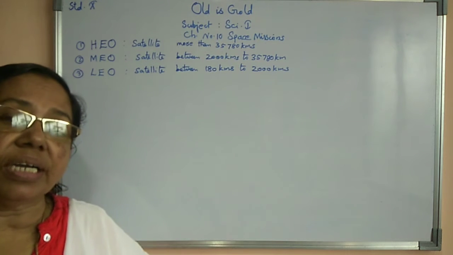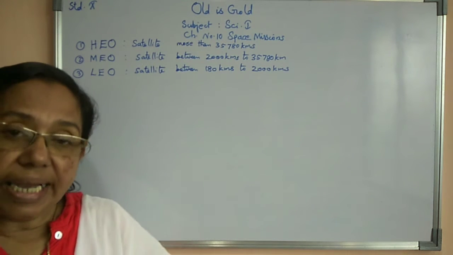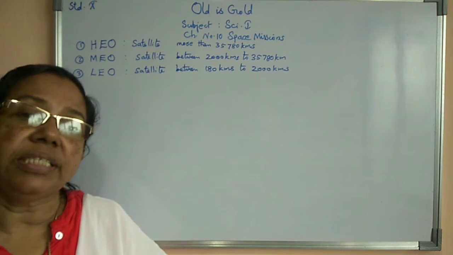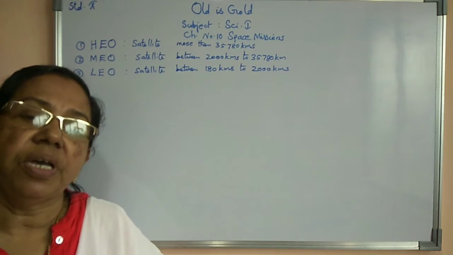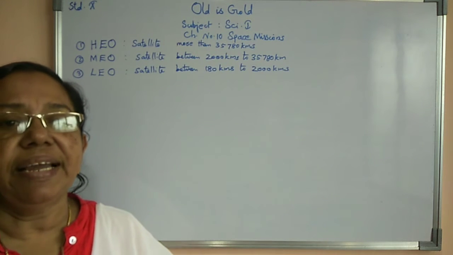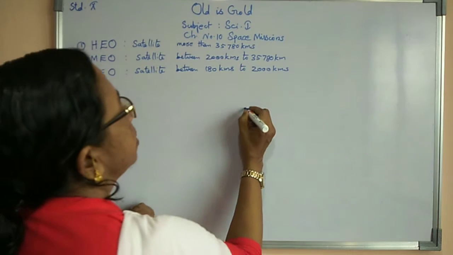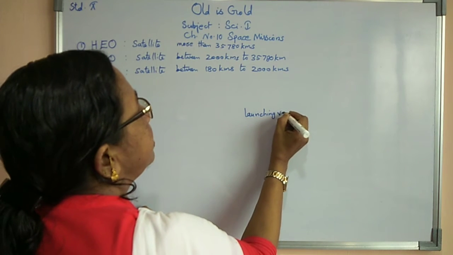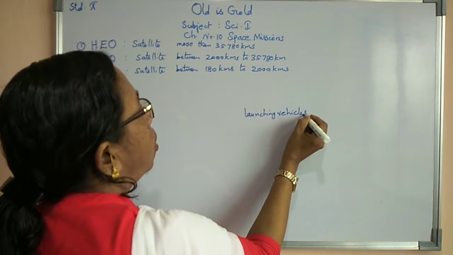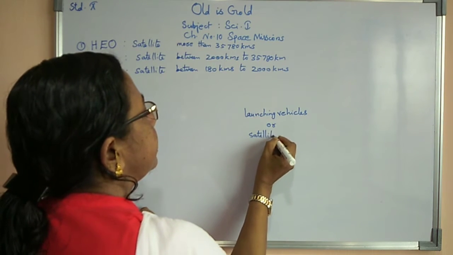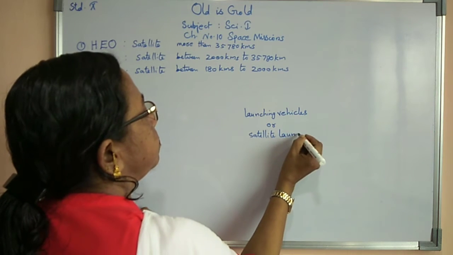All this fixing work, as well as taking them to the correct orbits and placing them, is done with the help of launching vehicles, or we can say satellite launchers.